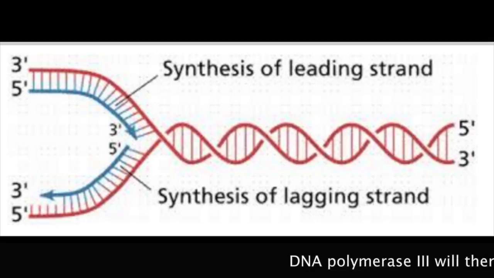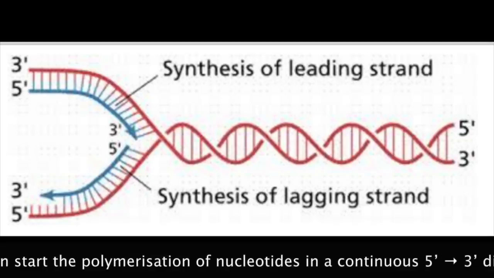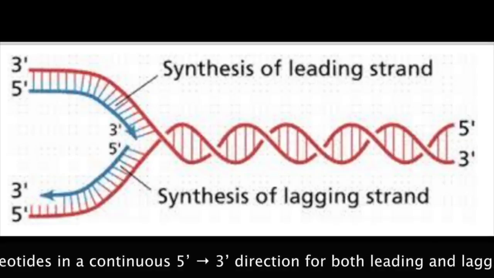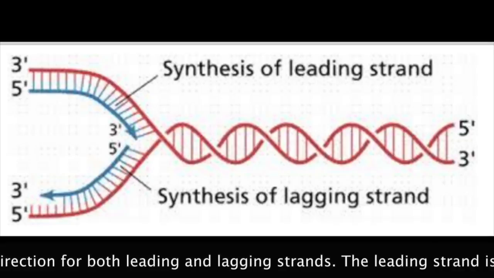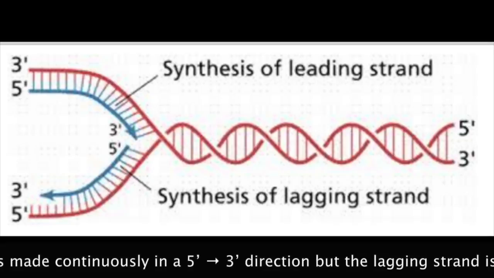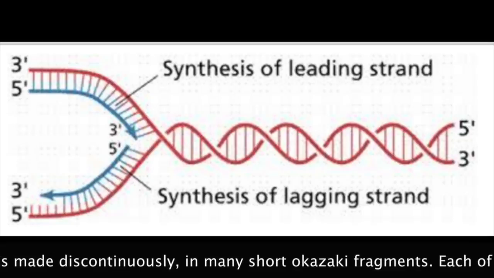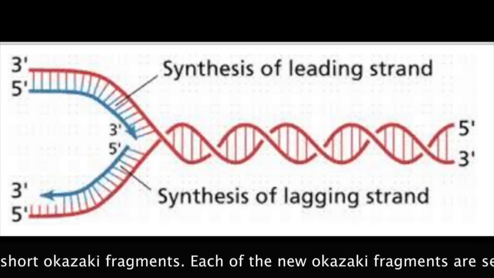DNA polymerase 3 will then start the polymerization of nucleotides in the 5' to 3' direction for both leading and lagging strands. The leading strand is made continuously in a 5' to 3' direction, but the lagging strand is made discontinuously in many short Okazaki fragments.